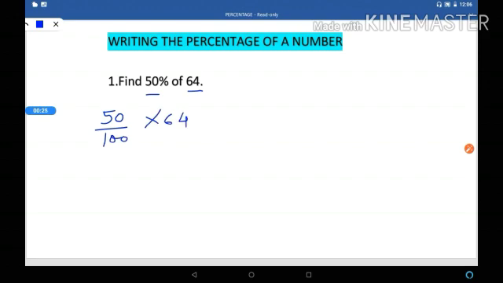Cancel 0 and 0, and 5 in 10 2 times. 64 by 2, and 2 in 2 table 1 time and in 64, 32 times. Therefore 32. Thus 50% of 64 is 32.